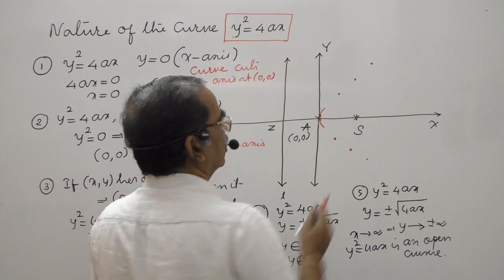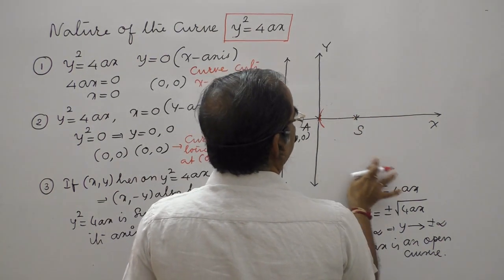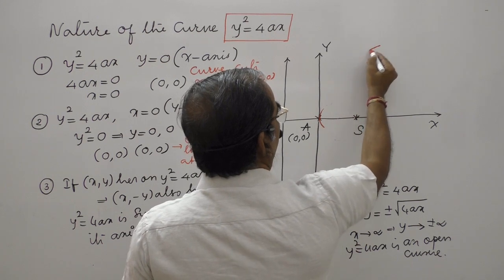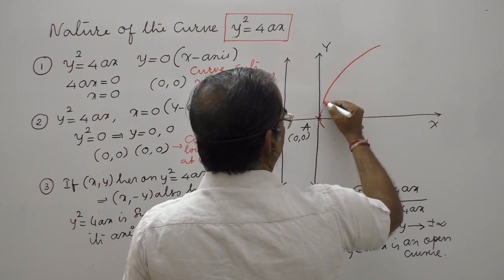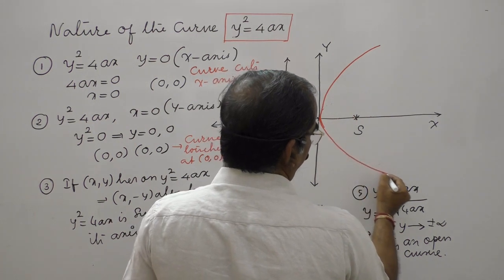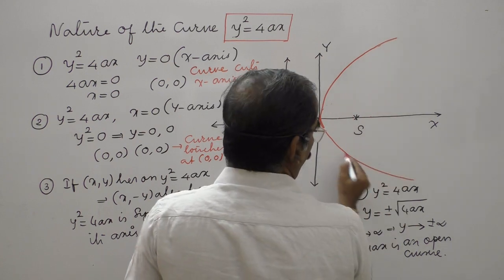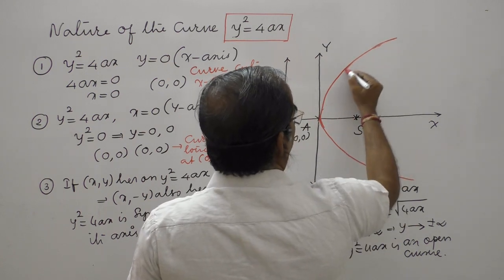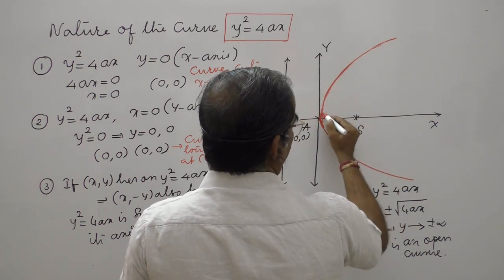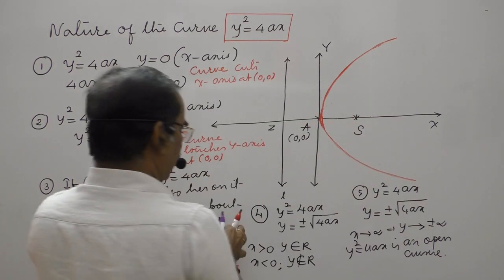So with these we can draw the figure. The figure will be like this. See now, it is an open curve. Symmetric about its axis. This is the figure of the parabola. Which parabola?